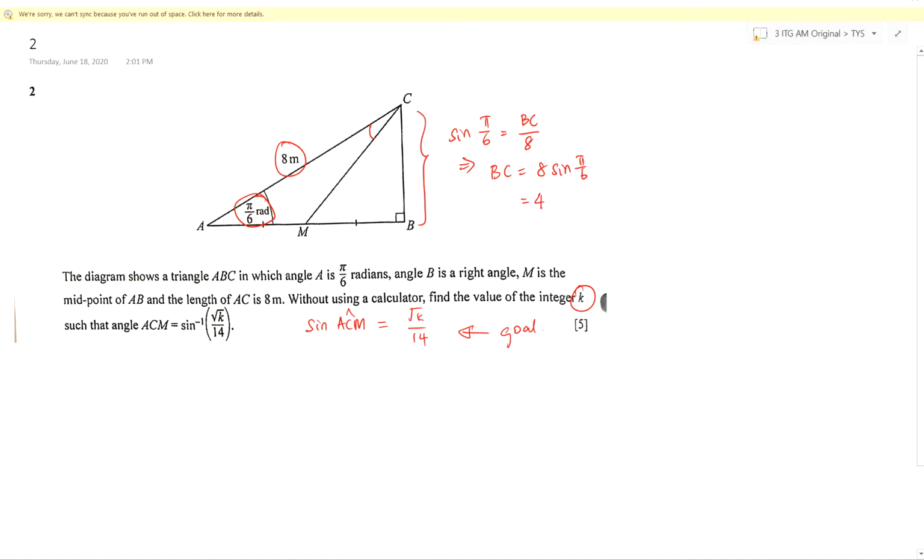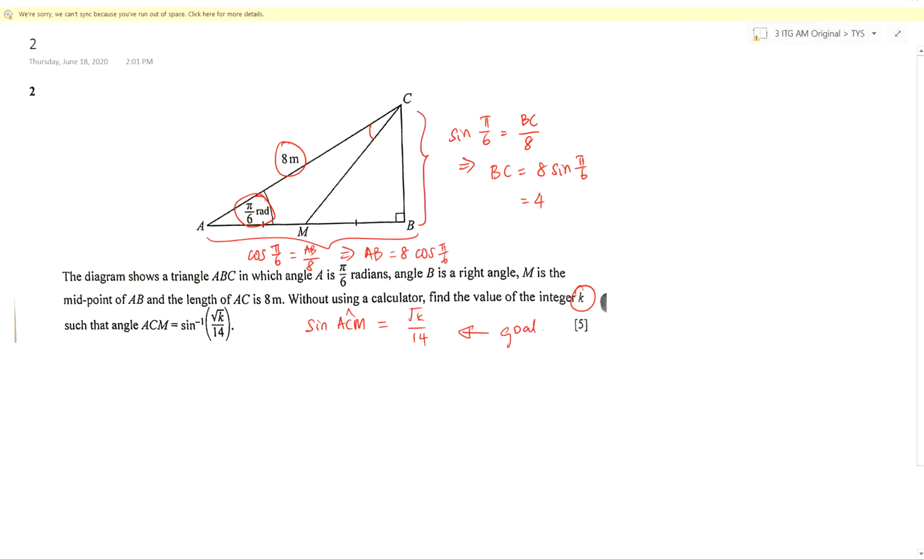Okay, we can do something similar for the length of AB using cosine pi over 6 equals AB over 8. So from here, AB is 8 cosine pi over 6.